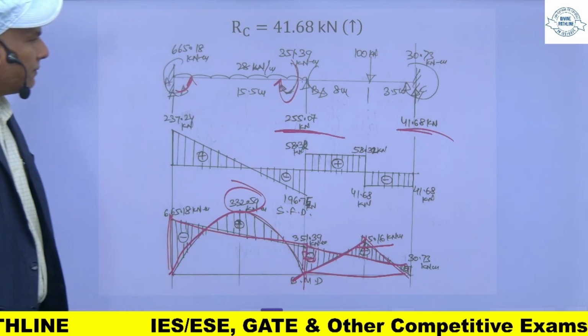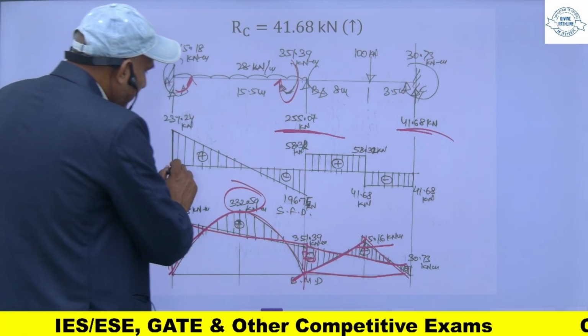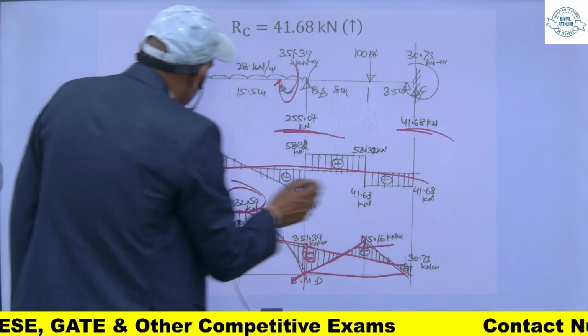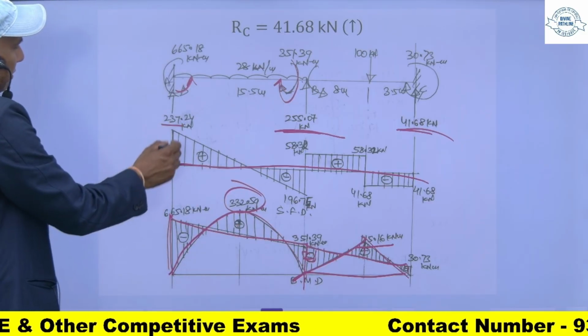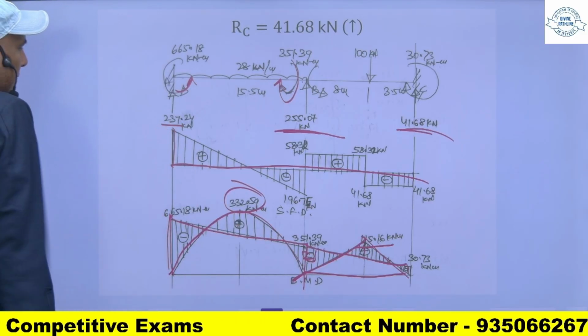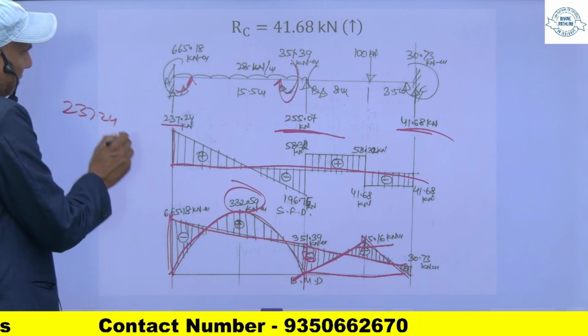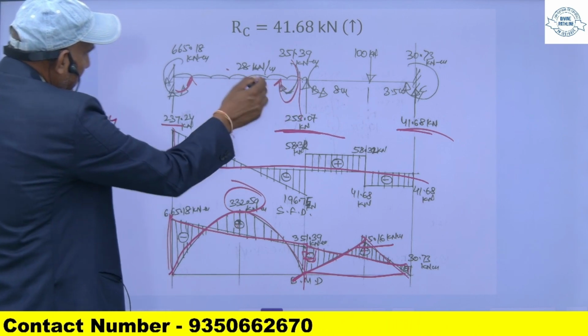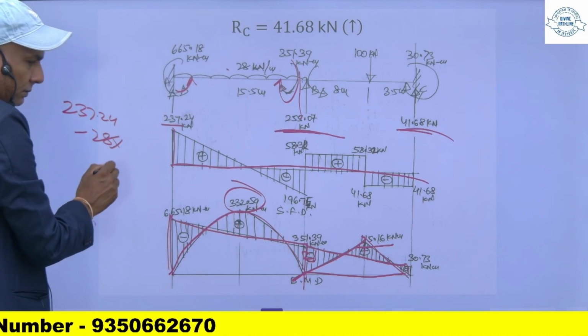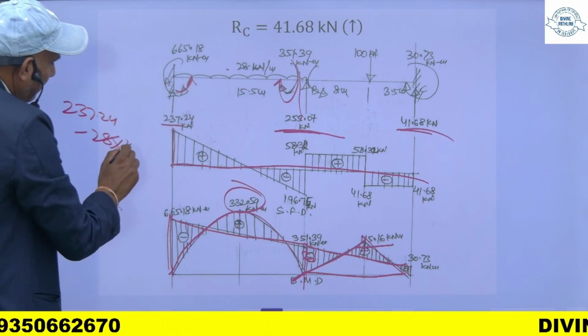For drawing the shear force diagram, this is my baseline and this reaction is 237.24. So this 237.24 shear force at this point will be this minus 28 into this one 15.5.